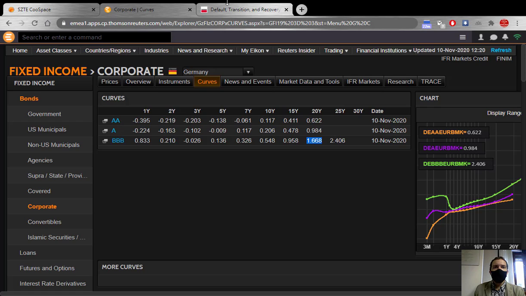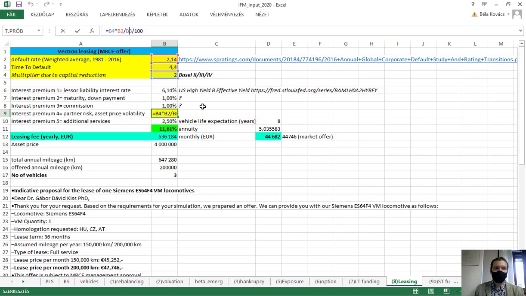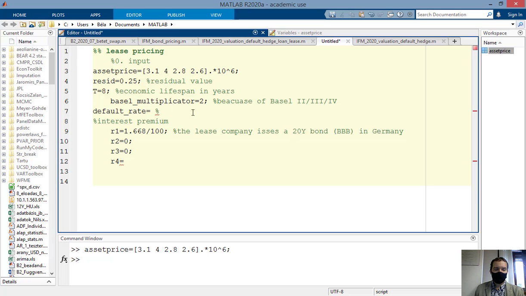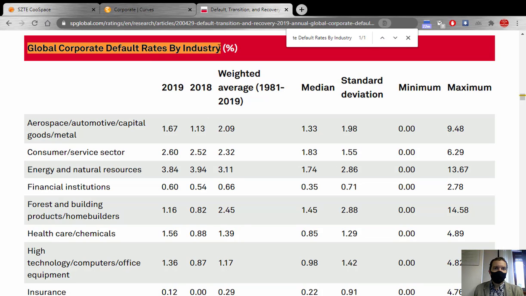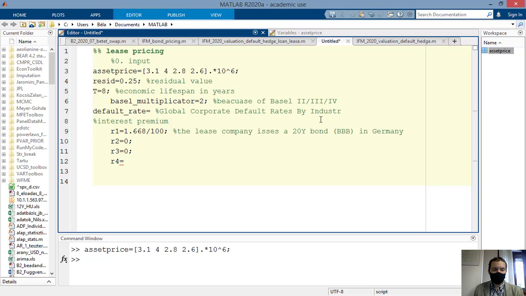And if we open the most recent report by Standard and Poor's Global, then we have these global corporate default rates by industry statistics. I did not copy it, it's just highlighted by the search engine.